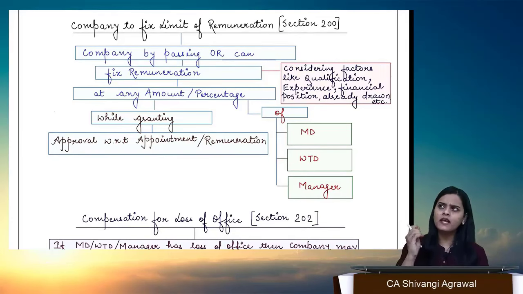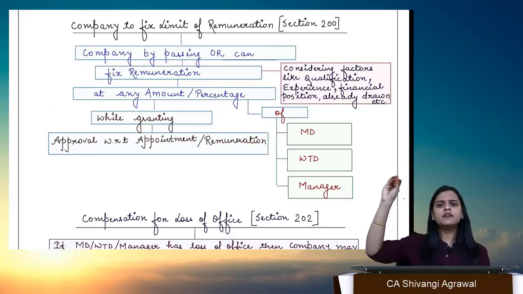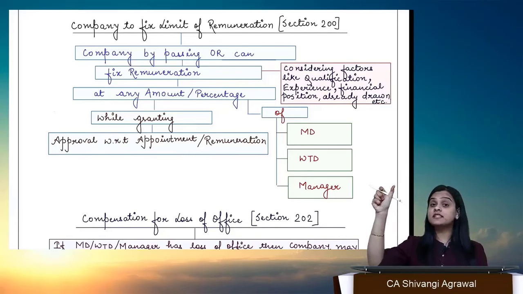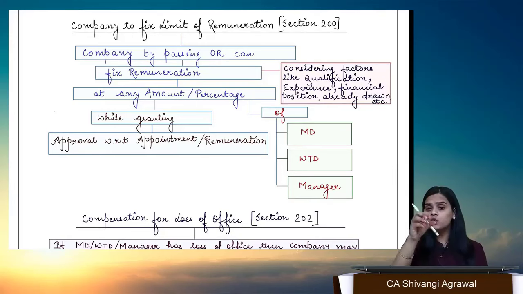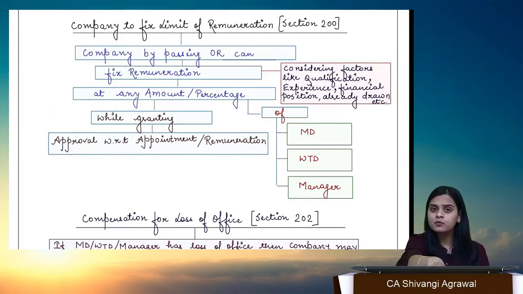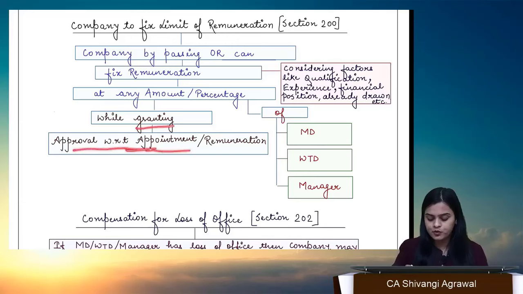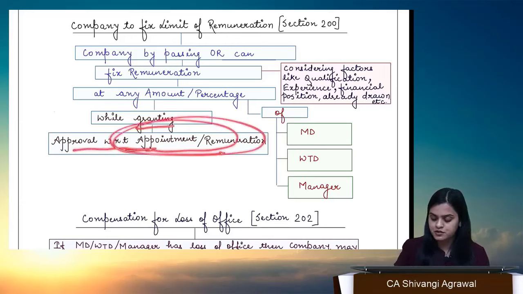Company can say, Schedule 5 gives us the maximum limit of 60 lakhs, but you are being appointed at a remuneration of 5 lakhs per month, and we will not pay you more than 2 lakhs if there is a case of losses. They can do this while granting approval with respect to appointment or remuneration of MD, WTD, manager.